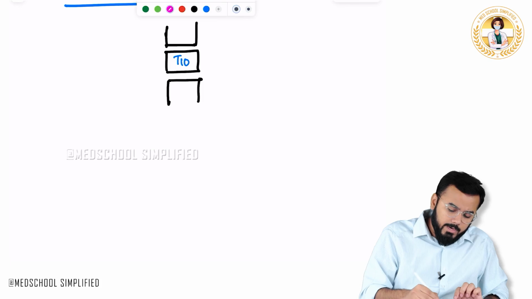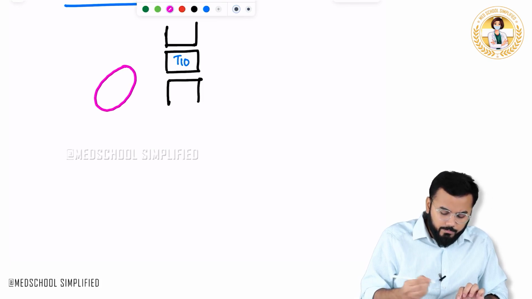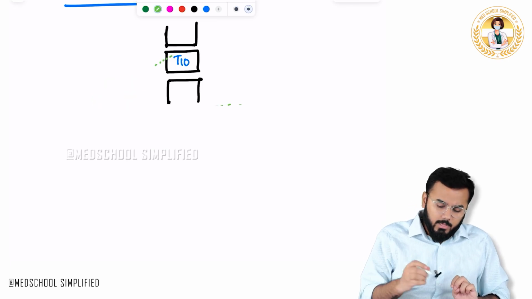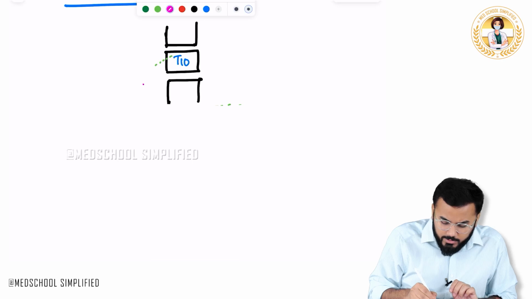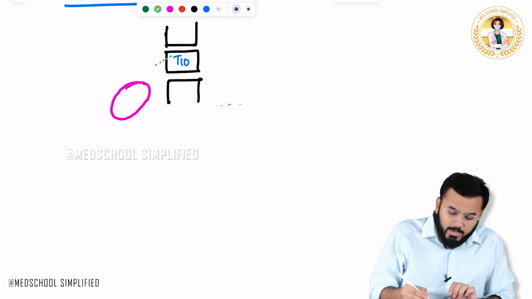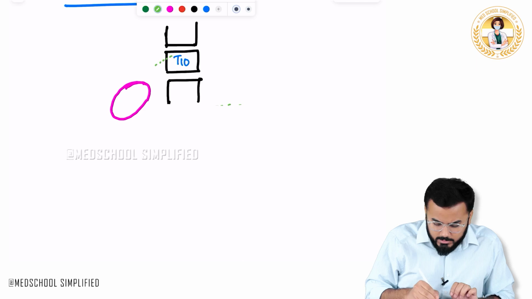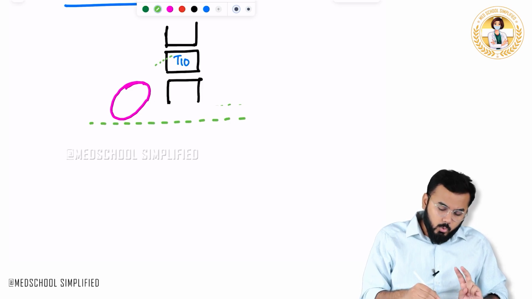Where is the spleen located exactly? Spleen is located over here, right? So if I make an angle out of it, let us say this is a spleen like this. This is a horizontal line which I have drawn. And all of you know the spleen has got two ends.